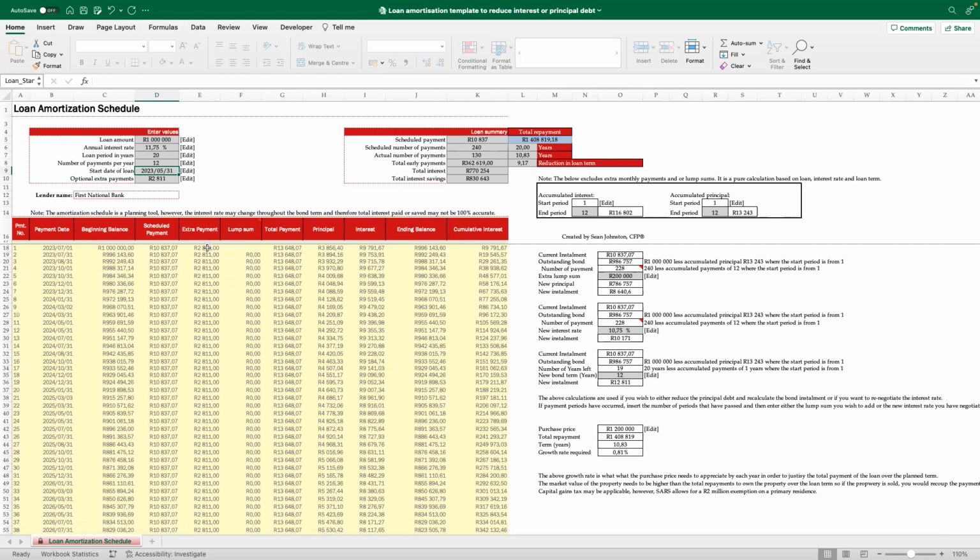Look, just bear in mind, if you do put it in monthly, you are probably going to save more interest. And obviously it's going to be 2,811 times 240 payments. That's a huge commitment from your side. So again, it really comes down to personal preference. But again, if a person wants to pay the bond off a lot sooner, that would be the way to do it.